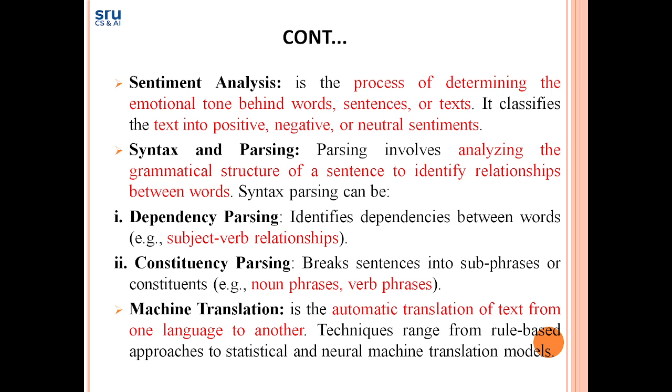Machine translation is the automatic translation of text from one language to another language. For machine translation, basically we are using statistical machine learning concepts and neural machine translation models.